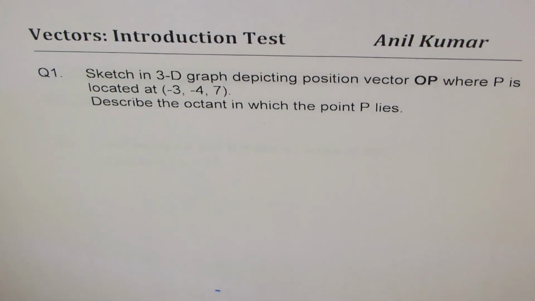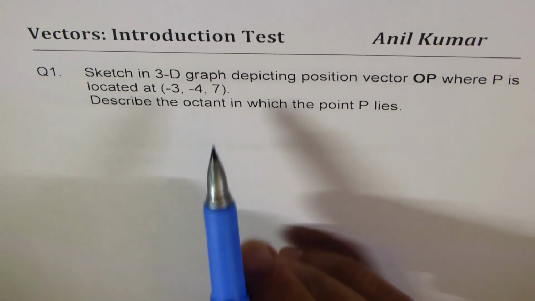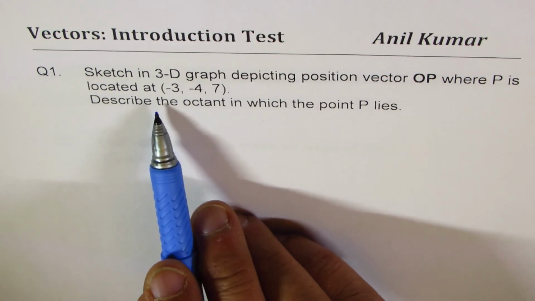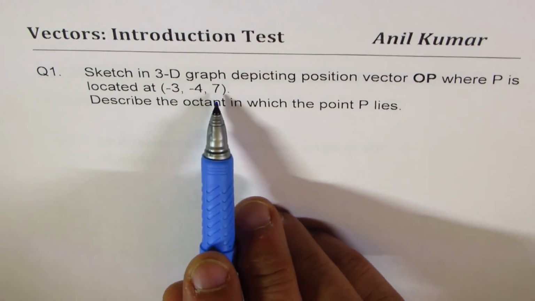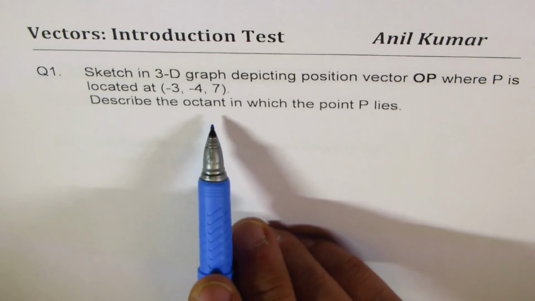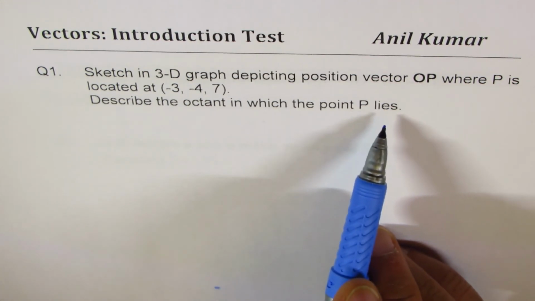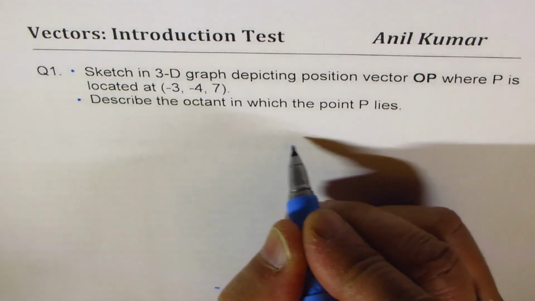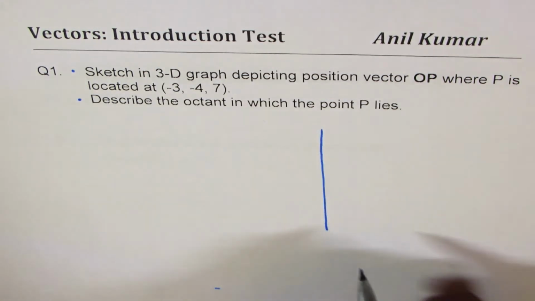Question number 1. Sketch in 3D graph depicting position vector OP where P is located at -3, -4, 7. Describe the octant in which the point P lies. So there are 2 parts to this question. Let us first sketch and then we'll describe the octant in which it lies.